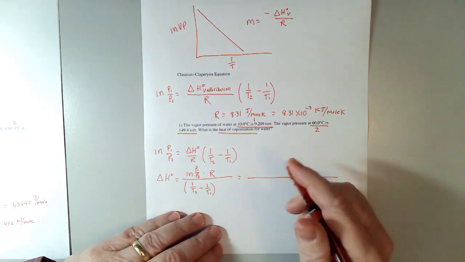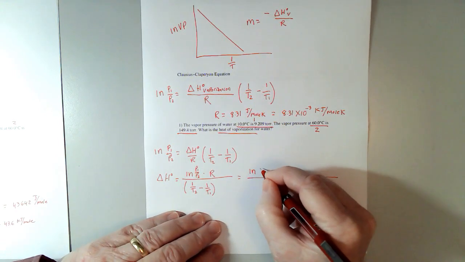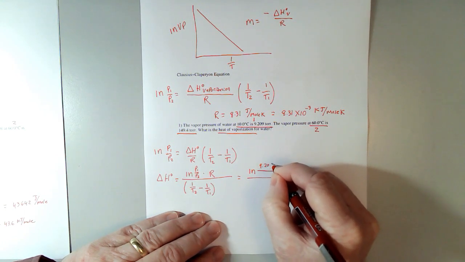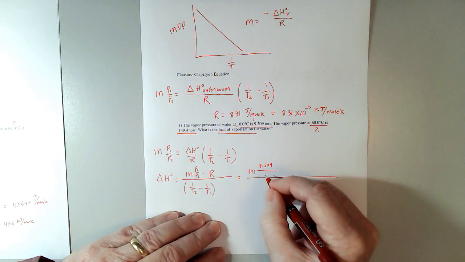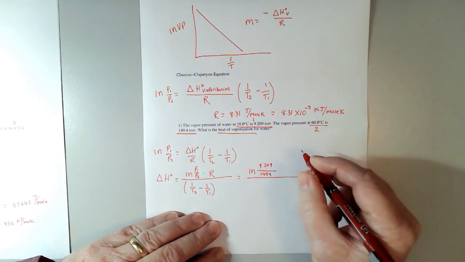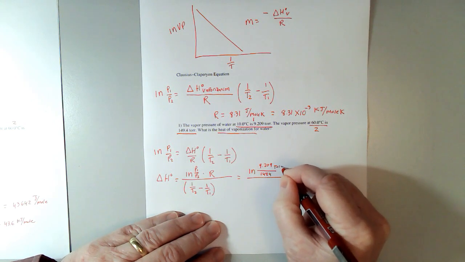That means we're going to have the natural log of 9.209 over 149.4. Now, these are both in torr.